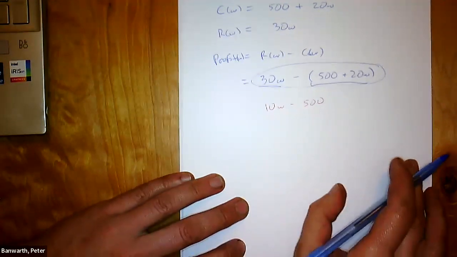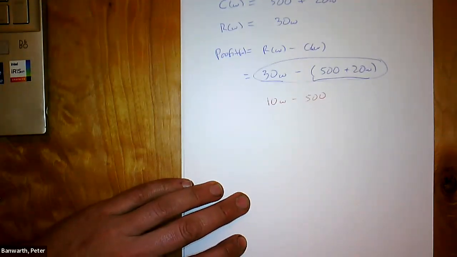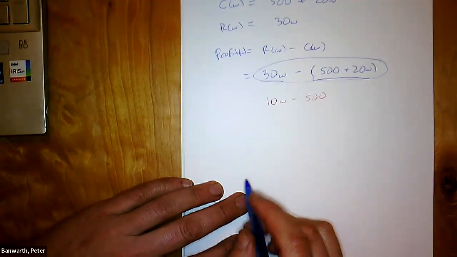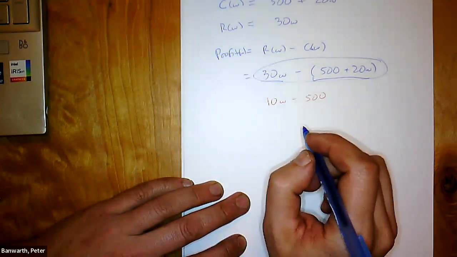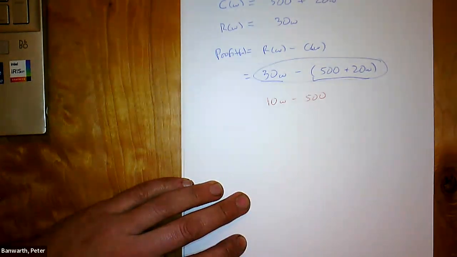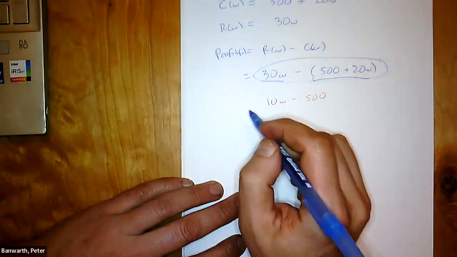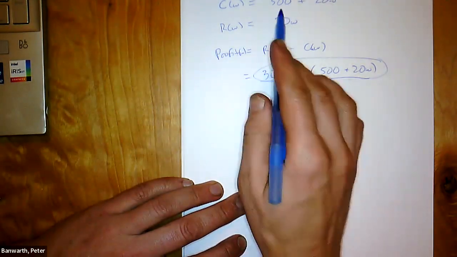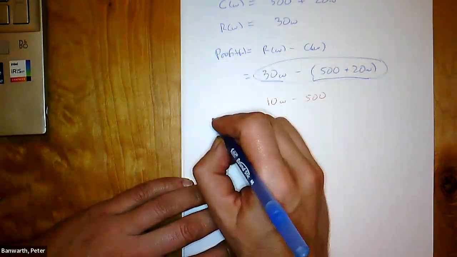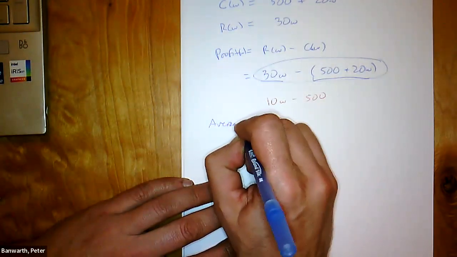Same if we had, let's say we have a cost function that maybe looks like 500 plus 20W, and I want my average cost.